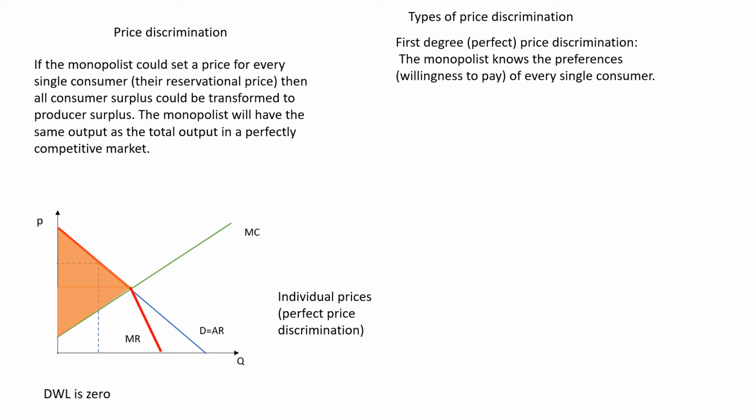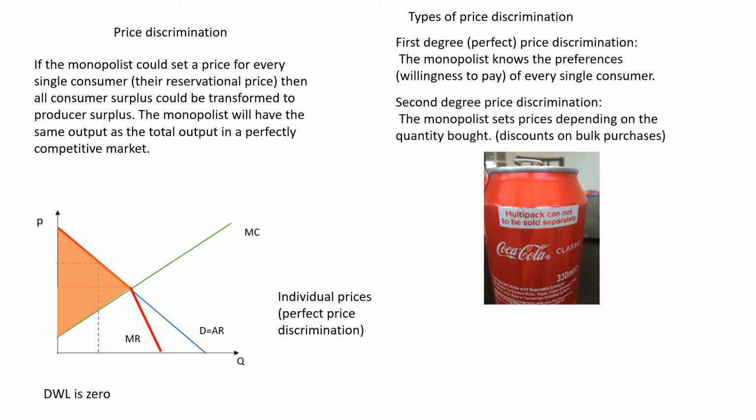Let us look at second degree price discrimination. In most cases, the monopolist has a lot of clients. It is not possible for the monopolist to know the preferences of each consumer, and it is also not possible to set the price per individual.